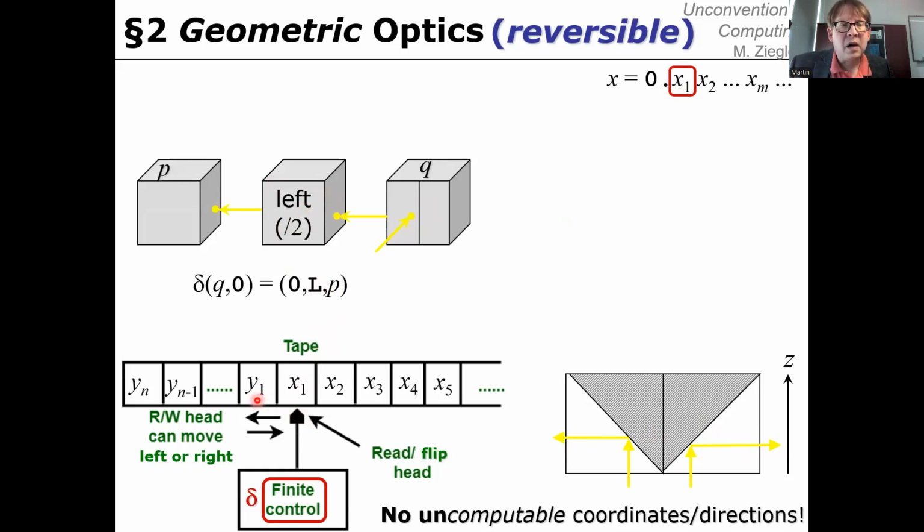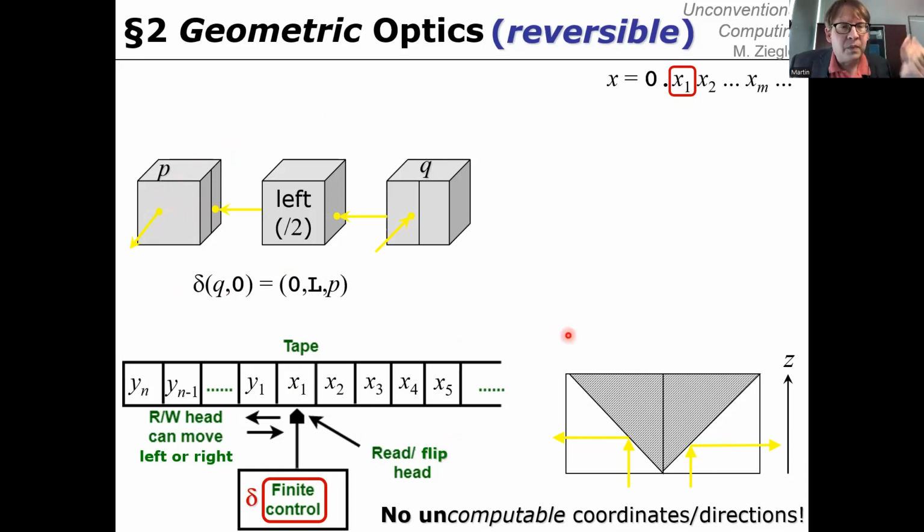And then after that, entering the next test gate with state P to test whether now the x coordinate is greater or smaller than 1/2 again. So that's the next possible rule. And depending on the result of that test, the light ray leaves in this direction or this direction.